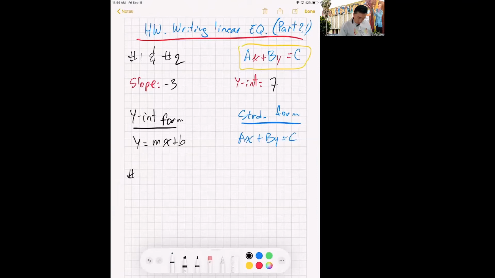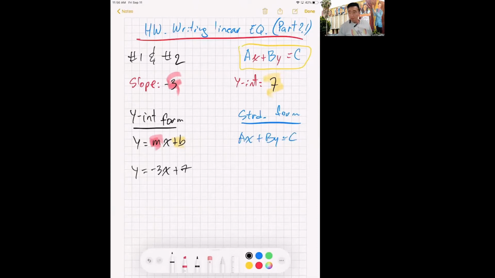So let's go ahead and plug in what we need to plug in, which is the slope and the y-intercept. This is the y-intercept, and this is the slope. So I'm just going to go y equals -3x plus 7.